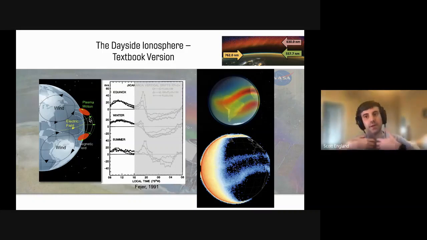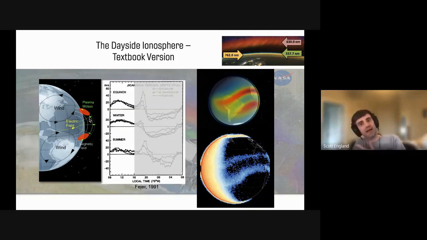With the wind patterns blowing, the ions will feel a force from the collisions with the neutrals and want to move too. The electrons have a much smaller collision cross-section, so they pretty much can ignore the fact that the wind is blowing. So I can create a motion of the ions relative to the electrons, which gives me a current.